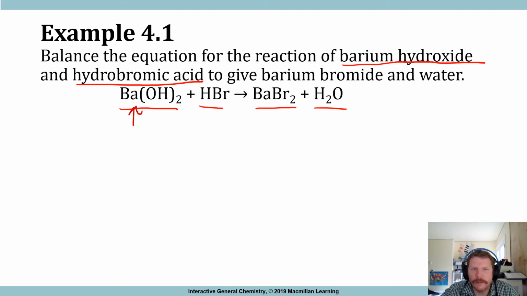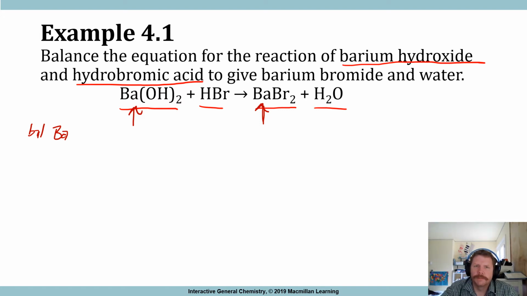Barium is only in barium hydroxide and in my product, barium bromide. It's not in either of my other reactants or products respectively. Okay, so I can balance the barium. And we're done. Barium's already balanced. There's one barium on the reactants side and one on the products side.